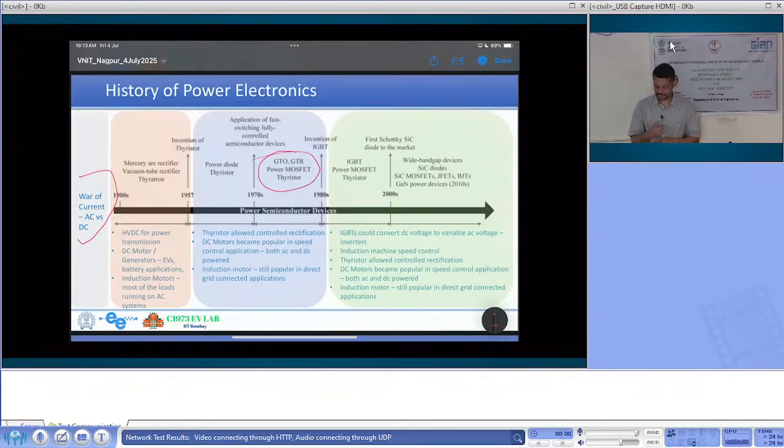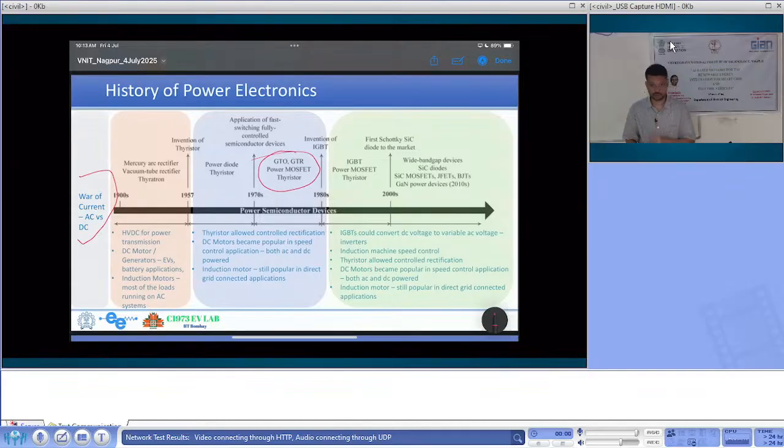People came up with GTOs, power MOSFETs and so on, and this was when you could theoretically build a DC to DC converter, and a voltage source converter, AC to DC, DC to AC. Subsequently the IGBT was invented, and the IGBT became very popular.